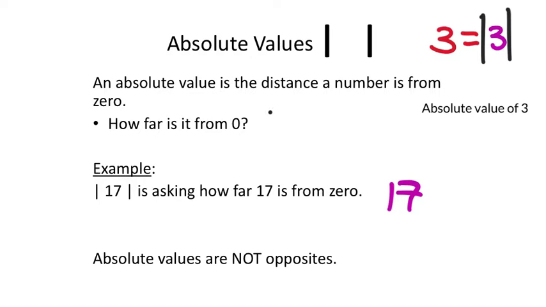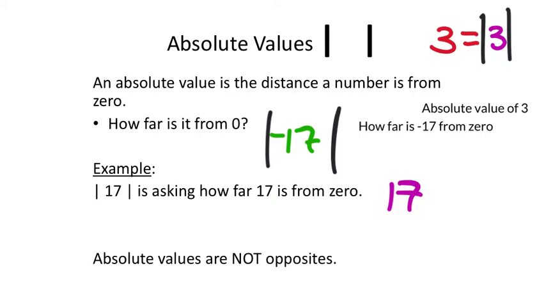Now let's switch that around and say, well, what if you got the absolute value of negative 17, okay? Well, that would be the same question as, how far is negative 17 from 0, okay? So notice that the value here, it's still 17 because it's a distance. So negative 17 is still 17 away.